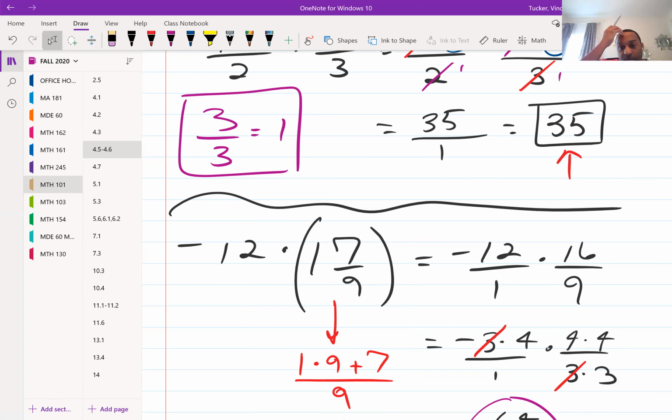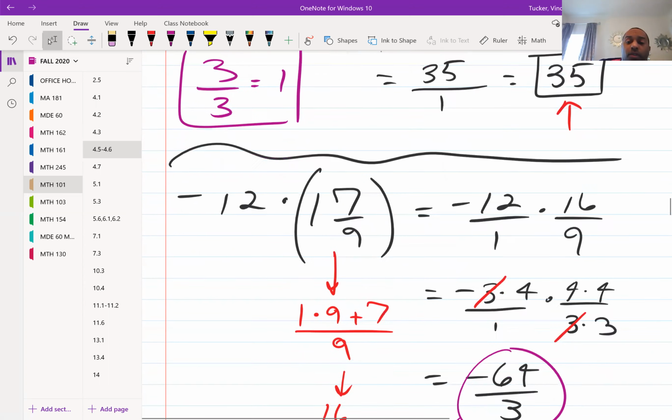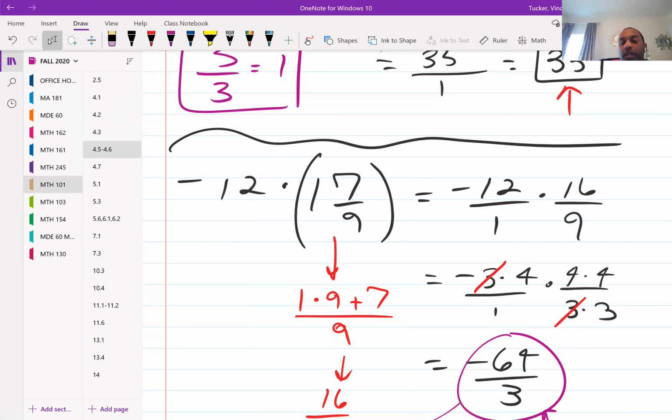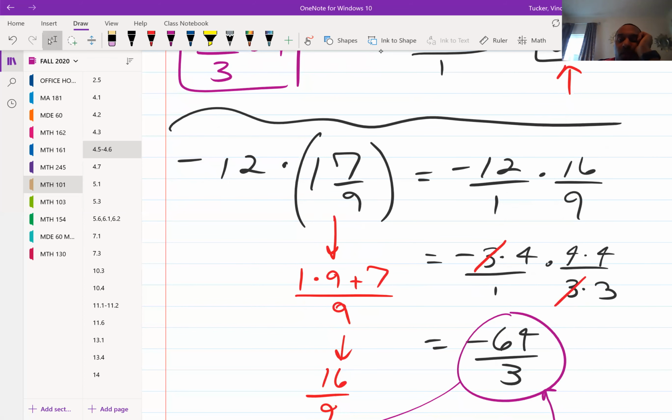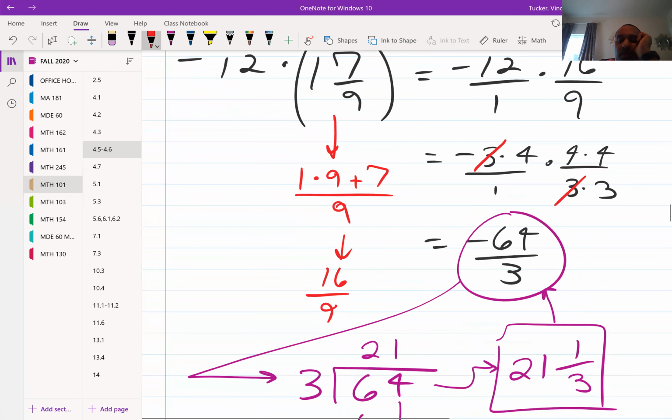So then I broke up the 12 into 3 times 4. 16, I just did 4 times 4. It couldn't cancel out with anything. Notice, as far as the 16 is concerned, all your 4s are in the numerator. Remember, in order to cancel, you need it in the numerator and denominator. But we have a 3 that's in the 12 and the 9 that could cancel. So 4 times 4 times 4 will give you 64 over 3. That's a negative, so negative 64 over 3.